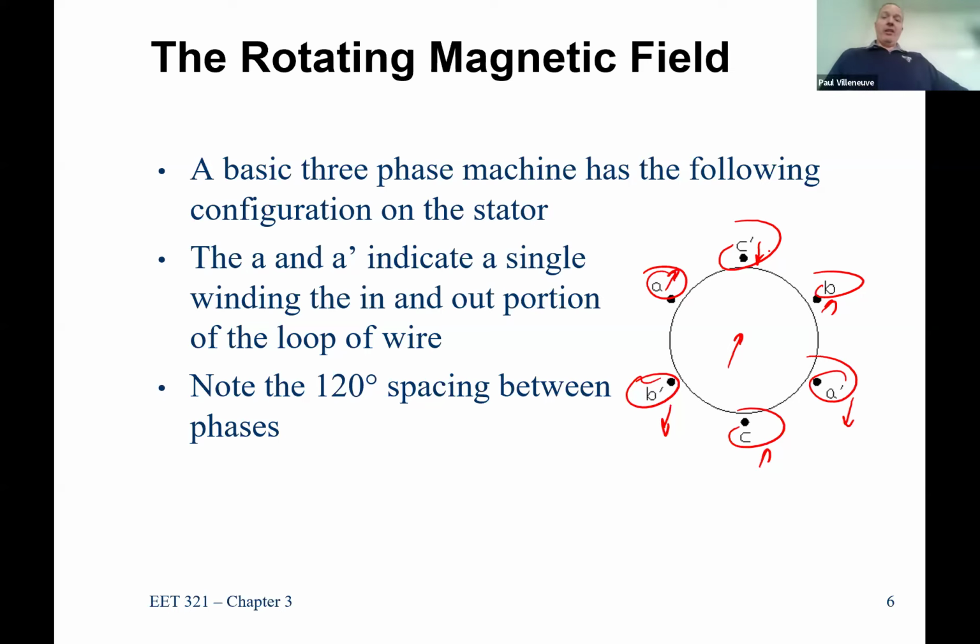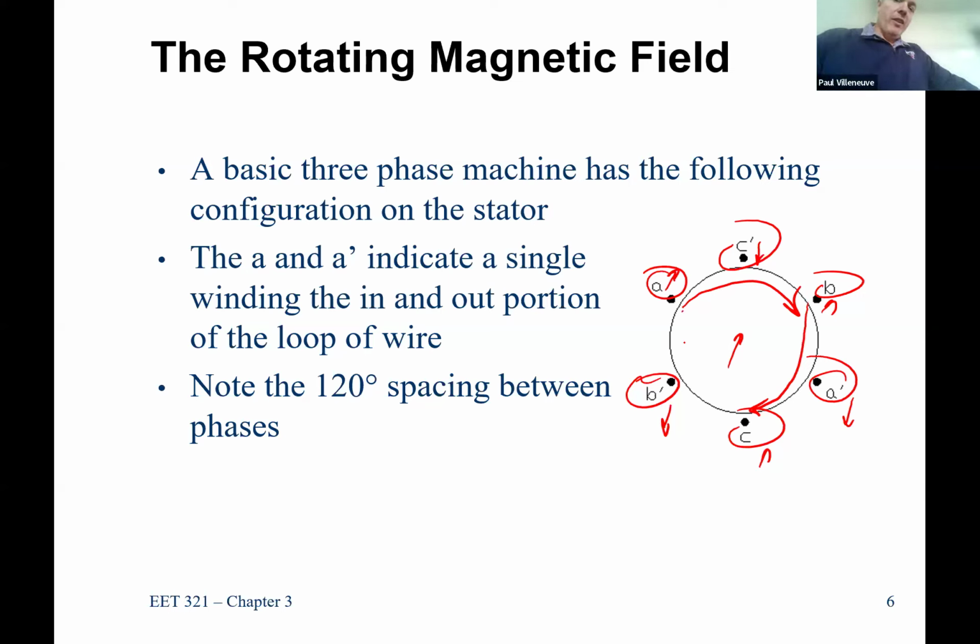The other really important thing too is look at the electrical spacing. To go from A to B, I have to rotate, and this might be a little confusing, but I have to rotate 120 mechanical degrees. Physically, I am physically rotating 120 mechanical degrees to be able to get to my B winding. And then my C winding is another 120 degrees away from the B winding.